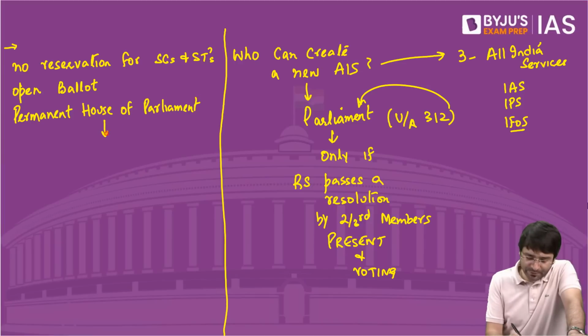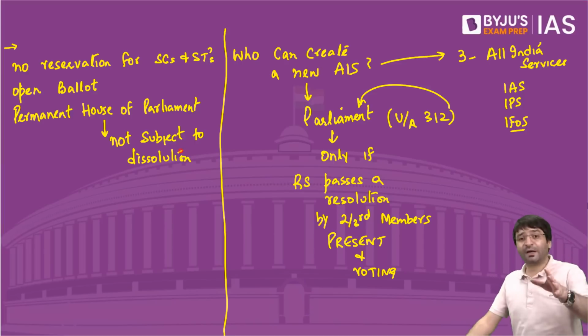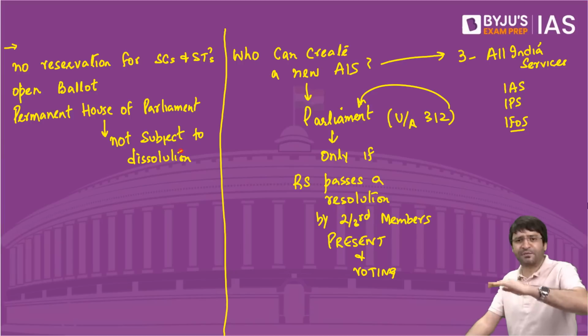When we say permanent house, that means not subject to dissolution. Lok Sabha can be dissolved, and Lok Sabha gets dissolved every 5 years. But Rajya Sabha cannot get dissolved. Rajya Sabha is the permanent house of the Indian Parliament. It remains there forever.